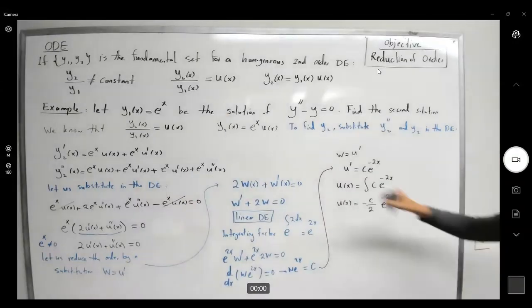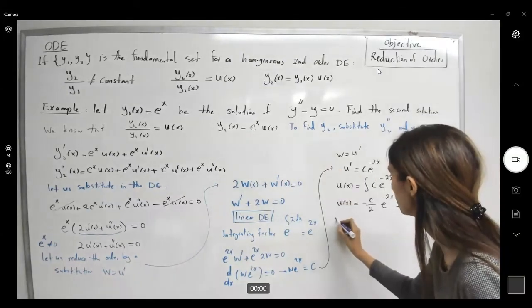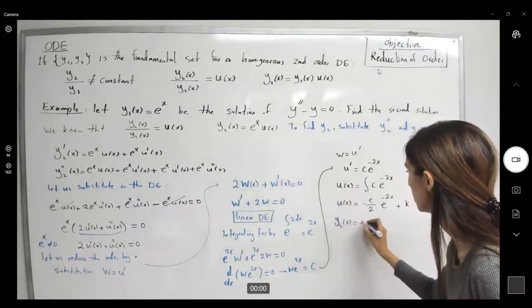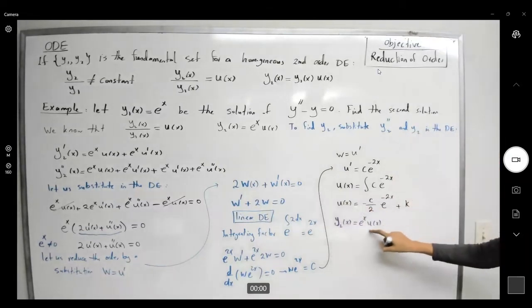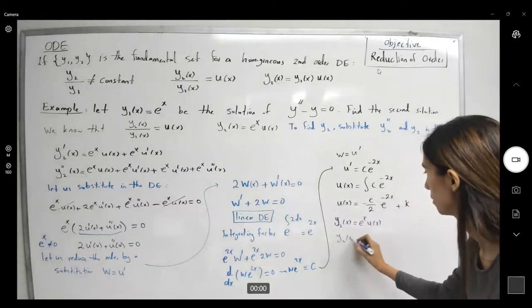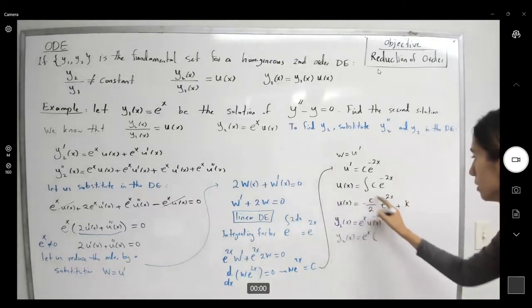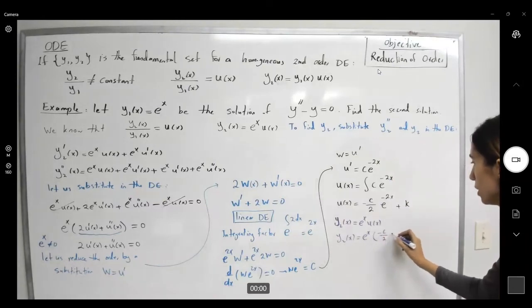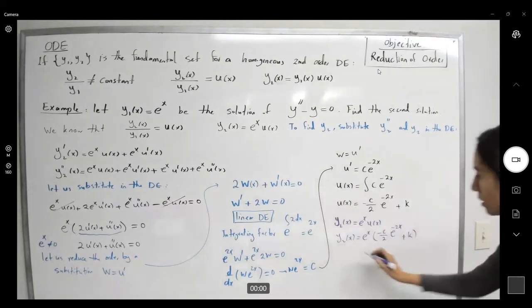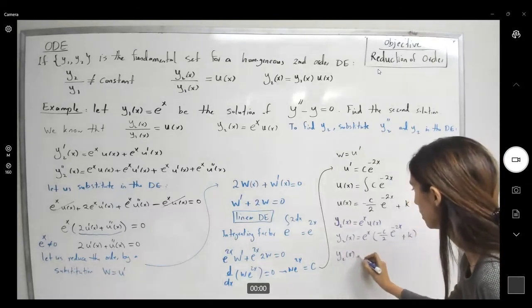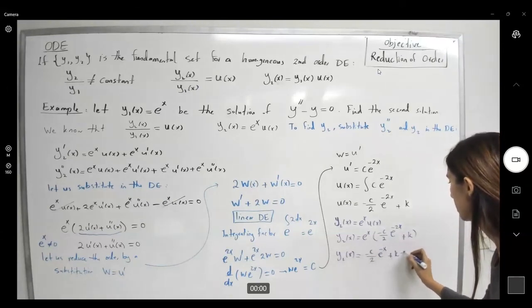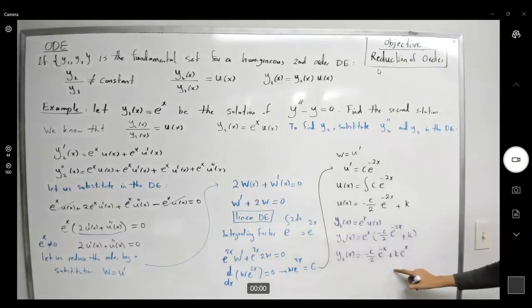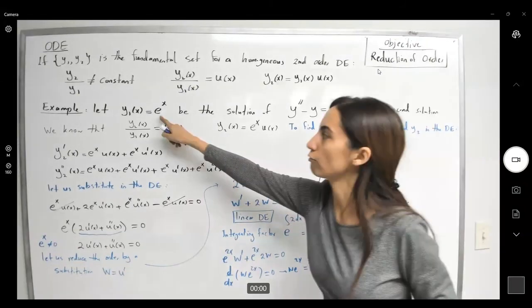So what do we have here? We know that y2 is equal to e to the x u of x. So let us just substitute that here. Your y2 becomes e to the x times negative c over 2 e to minus 2x plus k. So you get y2 of x equals negative c over 2 e to minus x plus k e to the x. But note that here you have your y1 as e to the x.